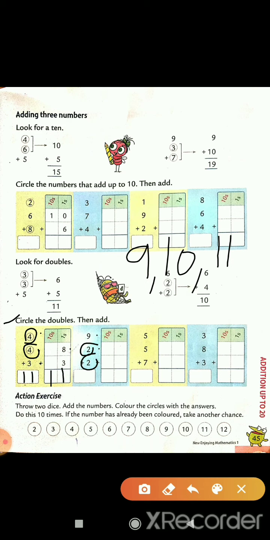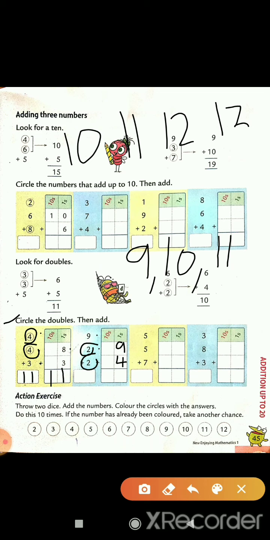So what is the double of 2? 4. So you need to write here 4 and the remaining number, that is 9. Now 9 plus 4. So what comes after 9? 10, 11, 12 and 13. So what is our answer here? 13. And you will write here also 13.